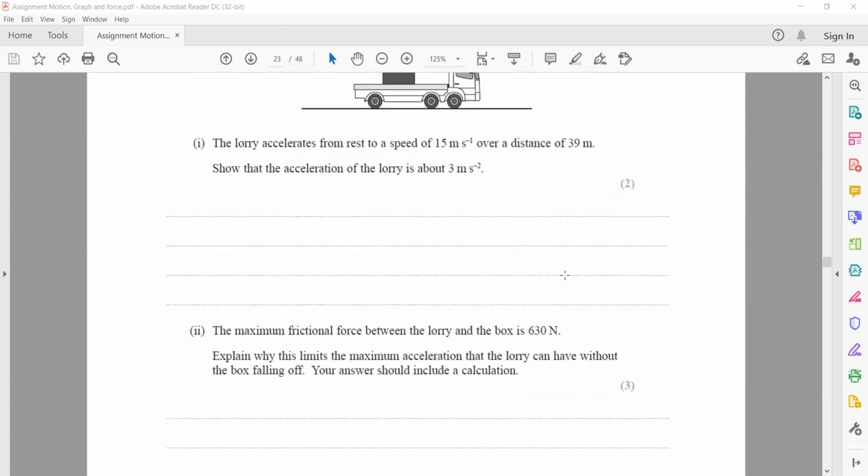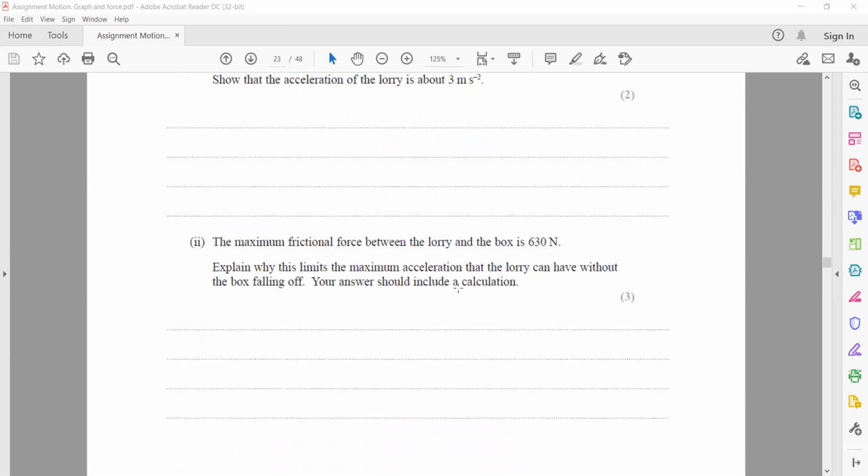So this is the maximum friction force, because for the box to have the same acceleration, the resultant force F equals ma. Friction between the lorry and the box is 630. That is the maximum force which the friction can apply. It cannot increase more than that.